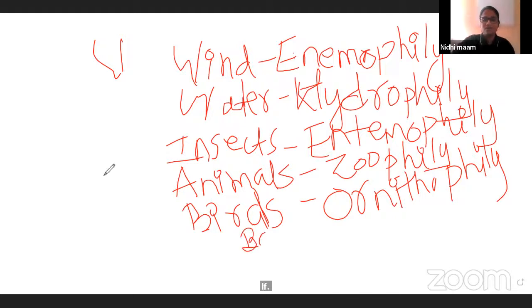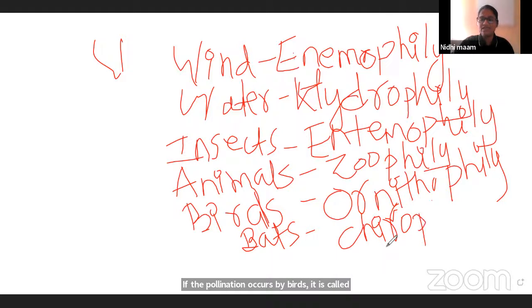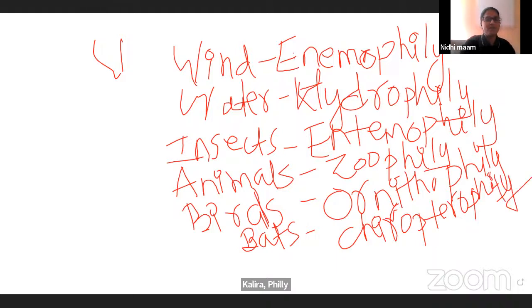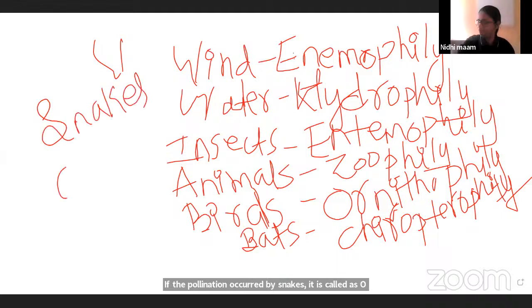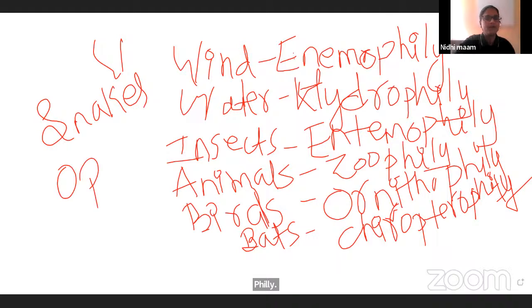If the pollination occurs by birds, we divide animals again, it is called ornithophily. Next, what came? By bats. If the pollination occurs by bats, it is called chirapterophily. If the pollination occurred by snakes, it is called ophiophily.